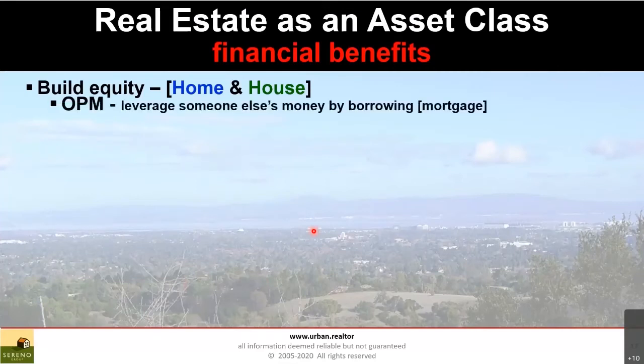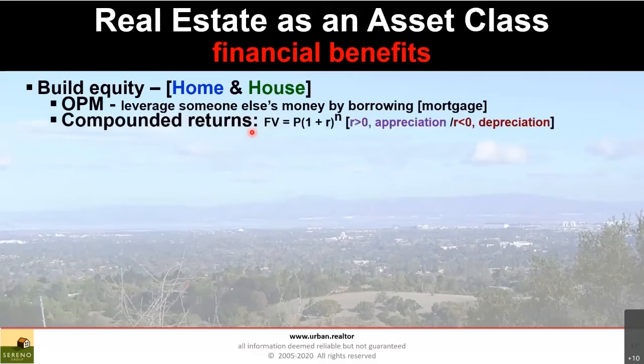As you can see, there are some things in common for both, and some that are different. OPM is other people's money, which is the leverage that I mentioned before, that the overall majority of people who own real estate, whether a home or a house, are using, which is basically a mortgage.